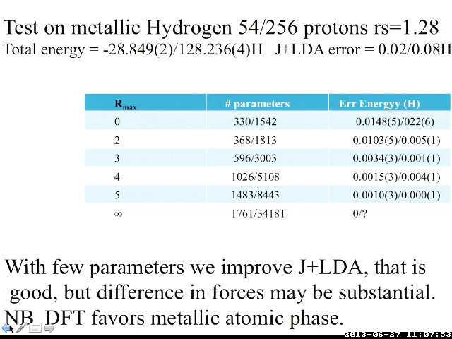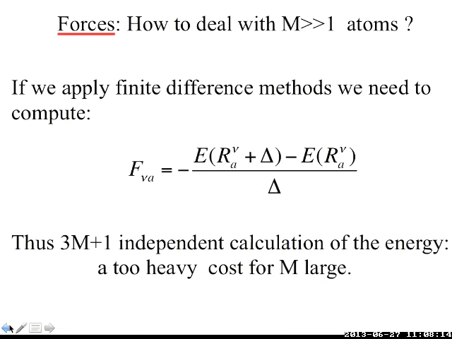And so we can stop safely at distance 4 and optimize for 256 hydrogen atoms only 5,000 parameters, which is reasonably fair. So this is one of the ingredients: a compact wave function that has the smallest number of parameters possible, but that guarantees convergence, because I want to have a convergent result.